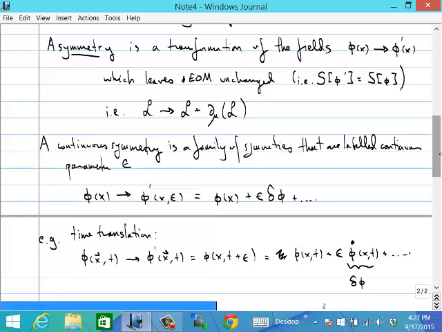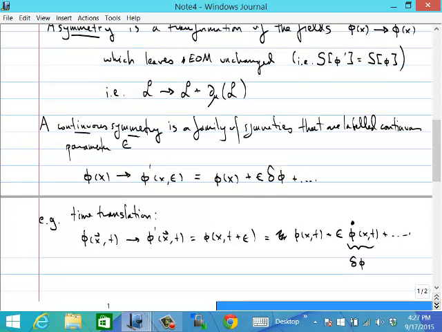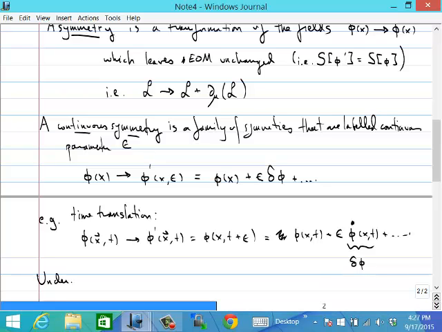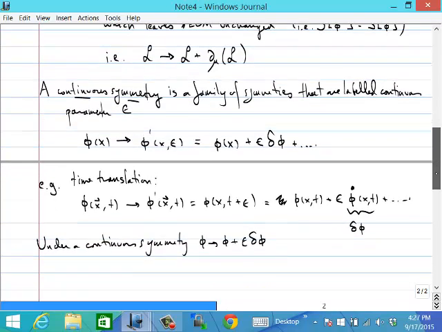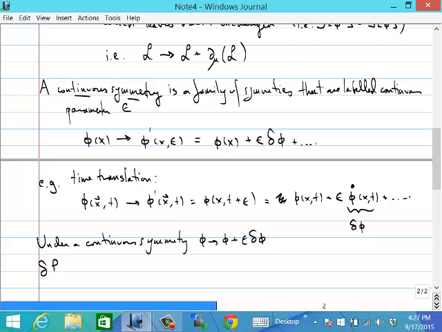Okay, so let's now imagine what happens when we have a continuous symmetry. So under a continuous symmetry, where phi goes to phi plus epsilon delta phi, let's ask how the Lagrangian transforms. So the Lagrangian will go to the Lagrangian plus delta Lagrangian. And remember, the Lagrangian is a function of the field and its first derivative.